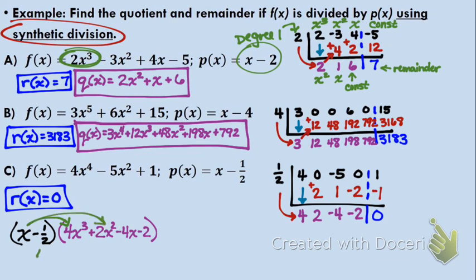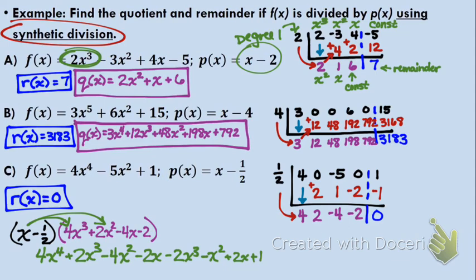So I get 4x to the 4th, 2x cubed, -4x squared, -2x, and then minus 2x cubed, minus x squared, plus 2x plus 1.